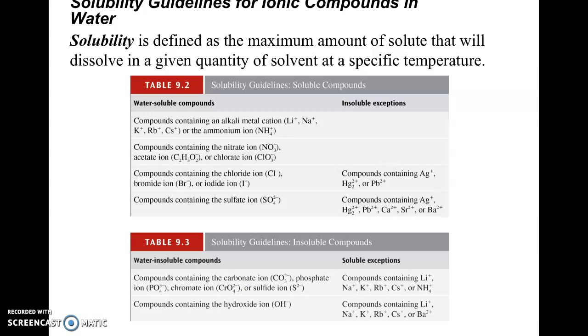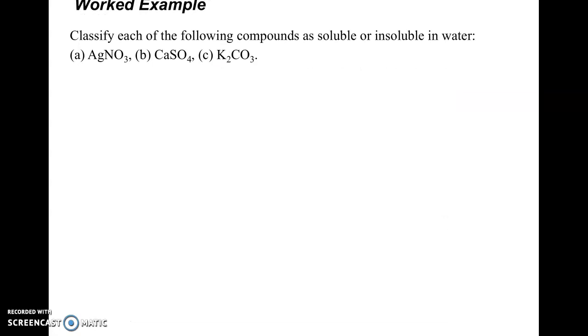So on the left, they've got water-soluble compounds, anything that's got lithium+, sodium+, potassium+, etc. Those are going to be soluble compounds with nitrate and acetate and chlorate. But when you get down to the chloride, bromide, and iodide, there's some exceptions. So a chloride, bromide, or iodide with silver, mercury, or lead is going to be a solid. So you need to learn those.